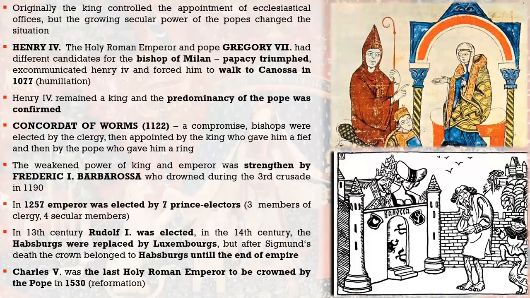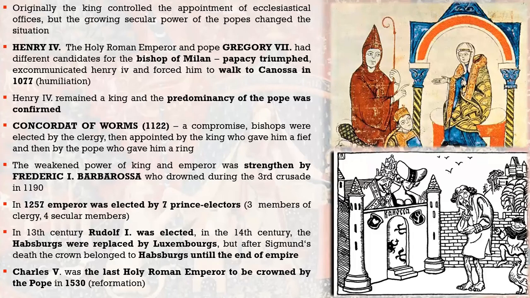This act of humiliation was also the end of the conflict of the investiture controversy, and the emperor lost the conflict. You can see that after all this, how he was humiliated, there was no chance for him. To make the results official, there was a document signed which was called the Concordat of Worms.